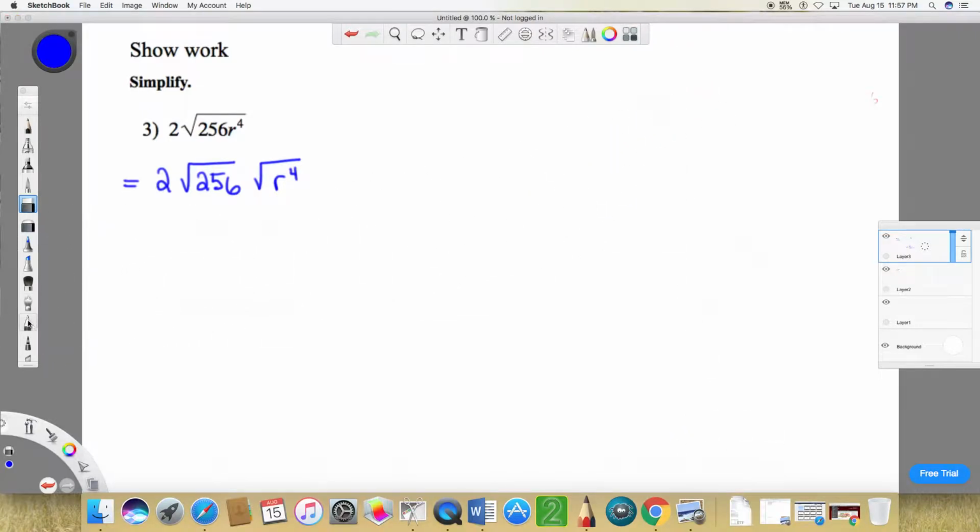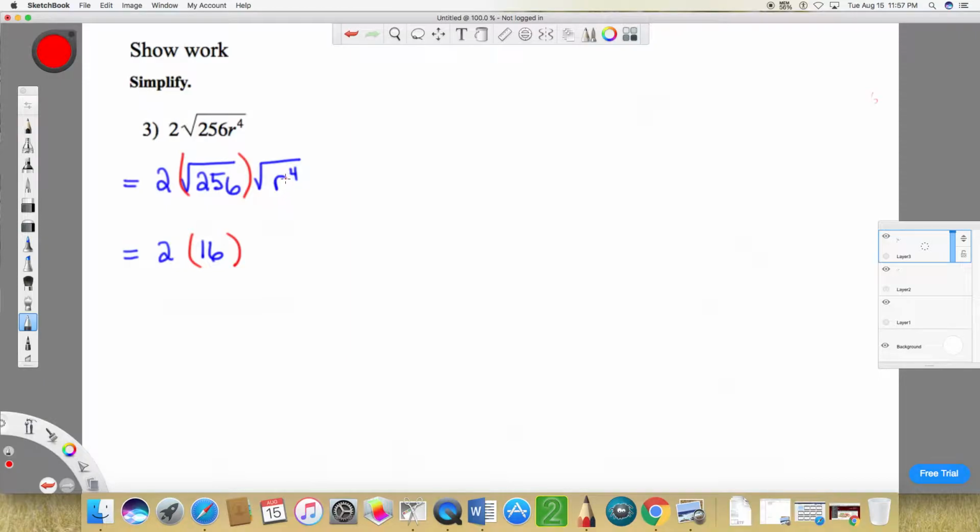So what that gets us over here is that we have 2, and now we know that we can replace this radical 256 with the number 16. Now, don't forget this is multiplication.